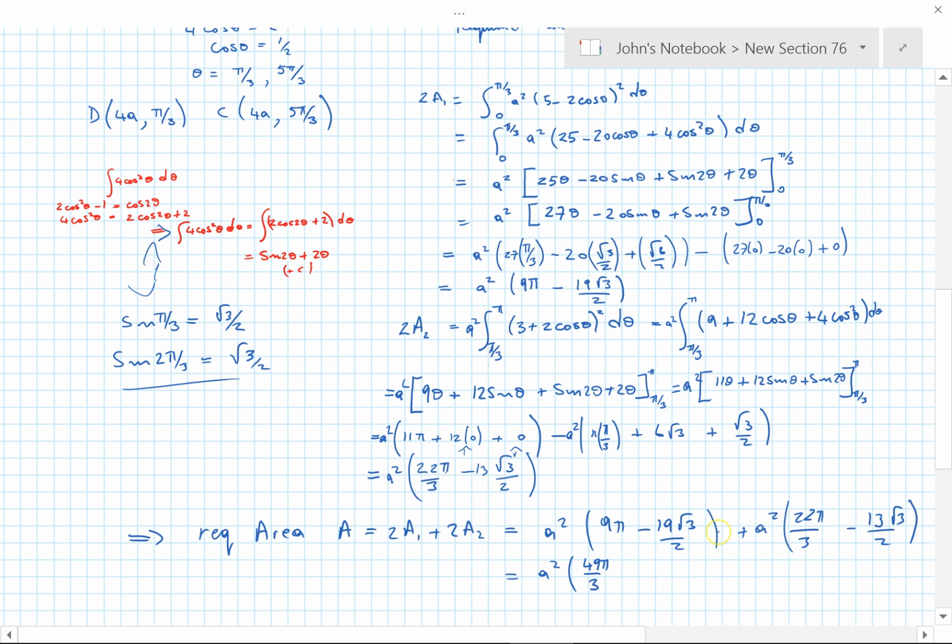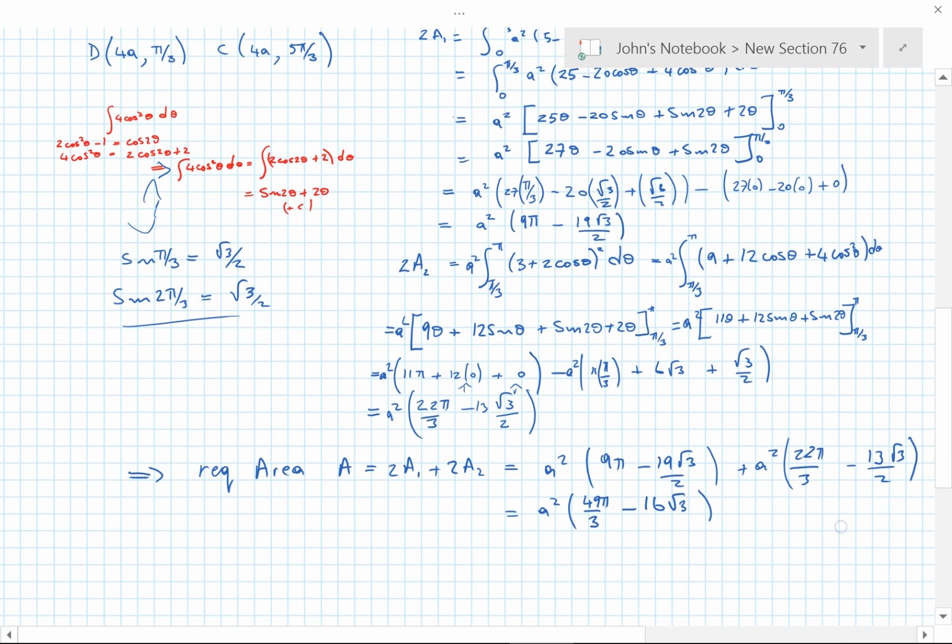And here we've got 19 minus 13, which is 6, so that's minus 6 square root of 3 over 2. Sorry, not over 2, because I've already divided by 2. So that gives us what we want, as required.